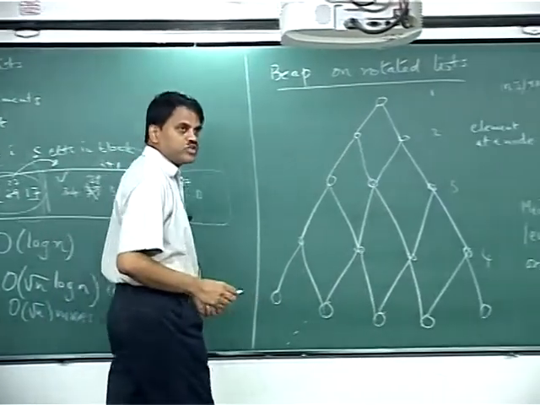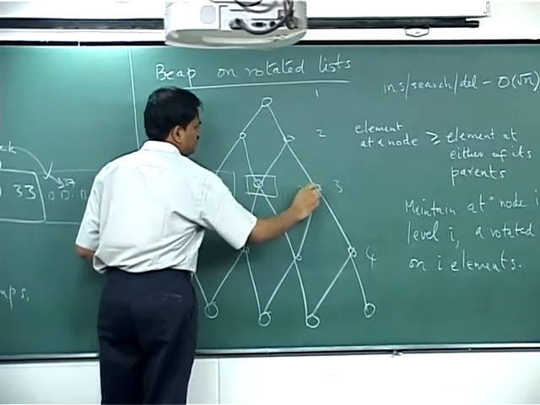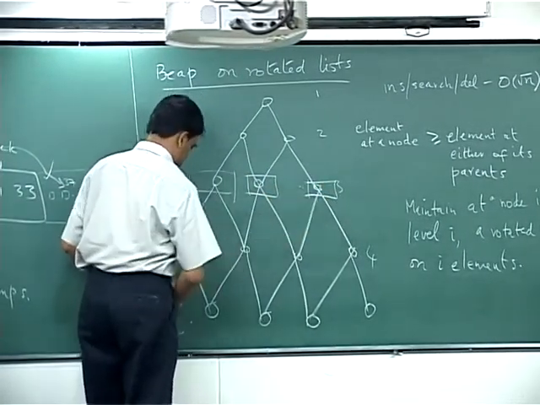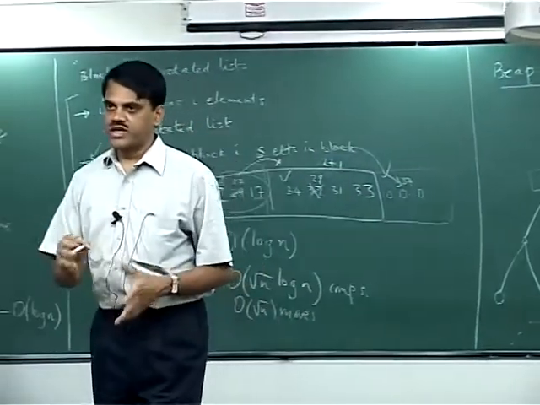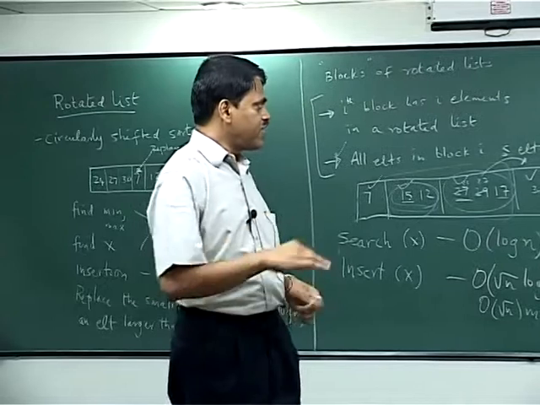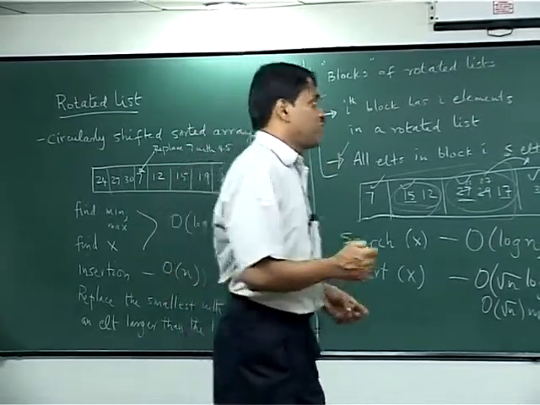Okay, so, now each node is going to have a rotated list. Within that it is a rotated list of i elements. The i-th level has a rotated list of i elements, and what does this property mean?